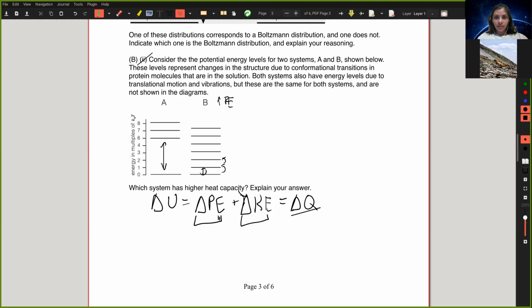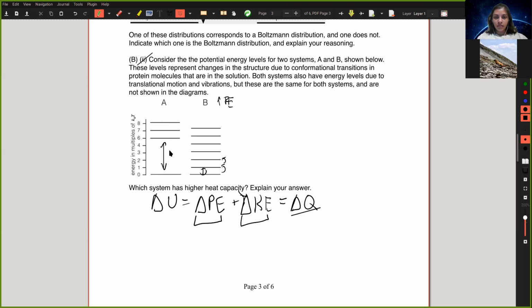That energy is divided between potential energy and kinetic energy in terms of how it changes the energy of the system. So for system A, we note that the gap here is extremely large compared to the same gap for system B. So this gap essentially corresponds to the probability of having a certain number of molecules transition from this energy level to this energy level.